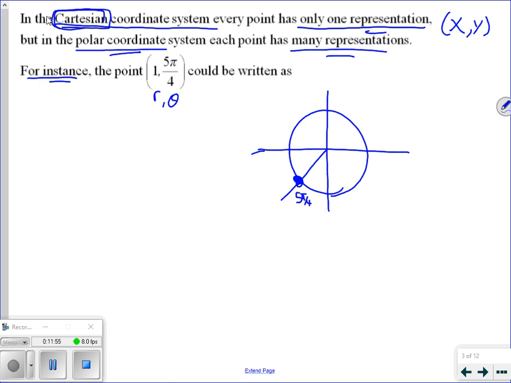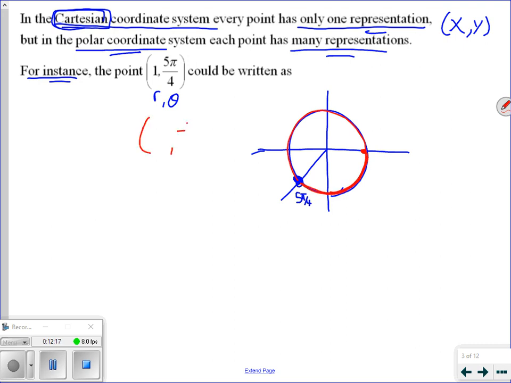All right. Well, what's another way we can do this? Instead of traveling a positive theta value around the circle to get to 5 pi over 4, what will be the radian measure as I go backwards from the origin to 5 pi over 4? How many radians am I traveling backwards?